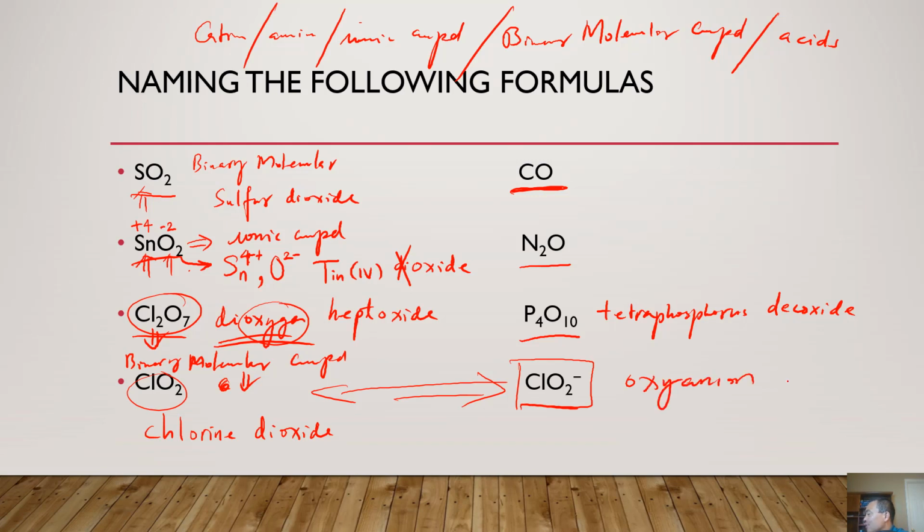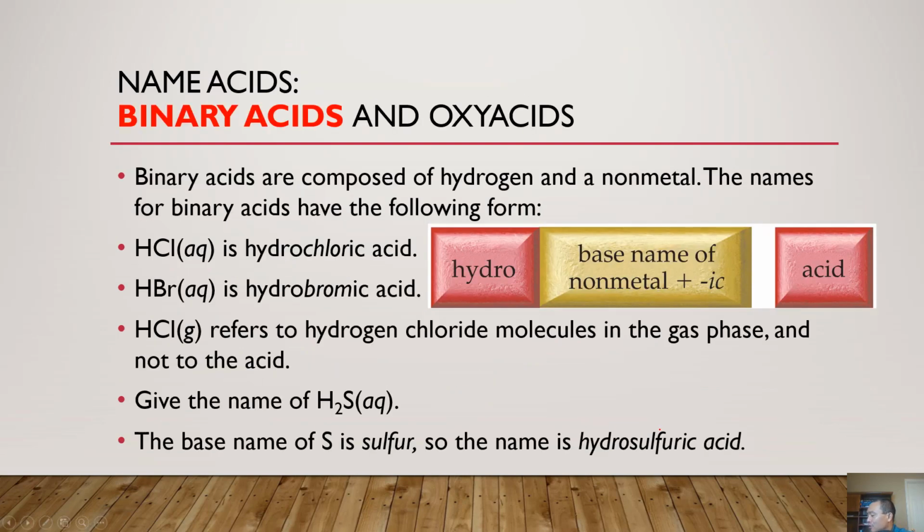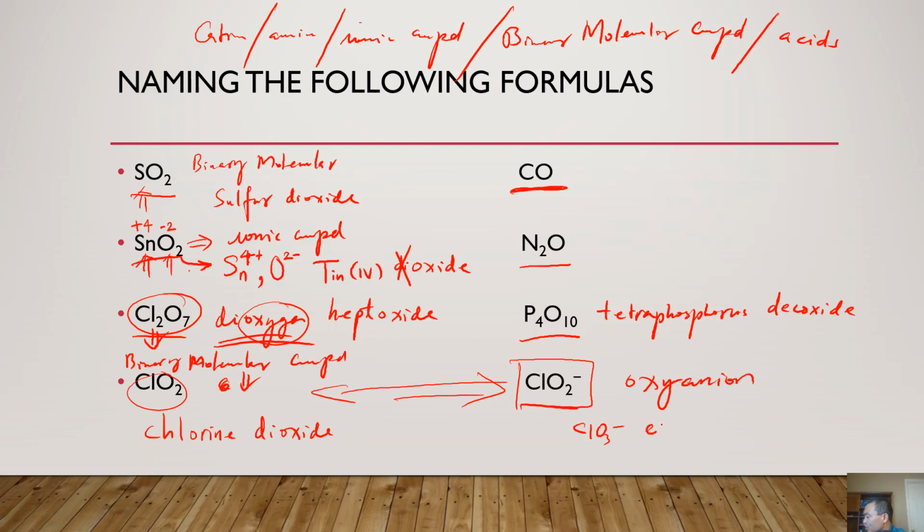For an oxyanion, you compare these anions with the corresponding ATE ending. If it has one less oxygen in that ion, then you change ATE to ITE. If it has still one less, you put a hypo before that whole thing. If you have one more than the ATE ending, you put a per before the whole thing. So this has one less than ClO3, which is a chlorate.